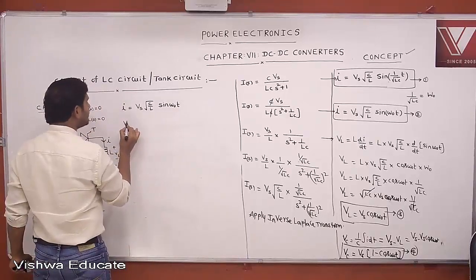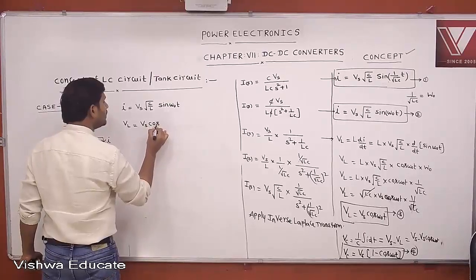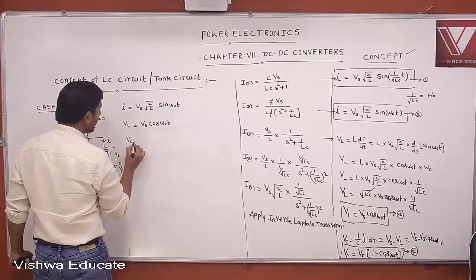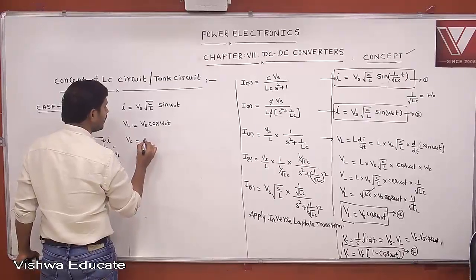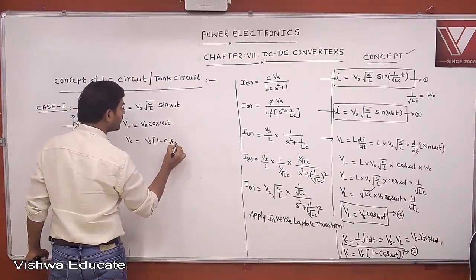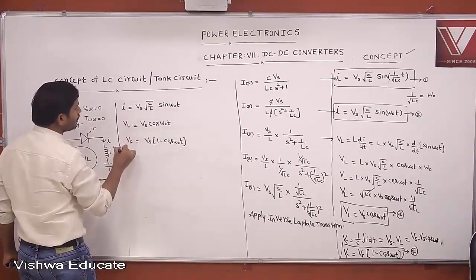The voltage across the inductor equals VS into cos omega naught t. The voltage across the capacitor equals VS into 1 minus cos omega naught t. These three equations you remember.